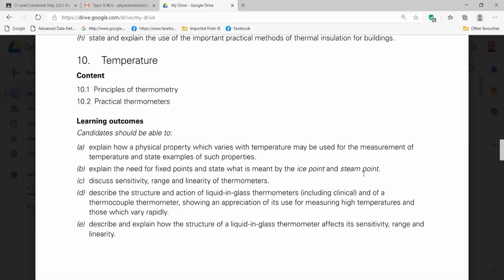It means the way the temperature is increasing, the volume of the liquid also increases same way, right? There is directly proportional. So using this idea, we can make the thermometer, right?